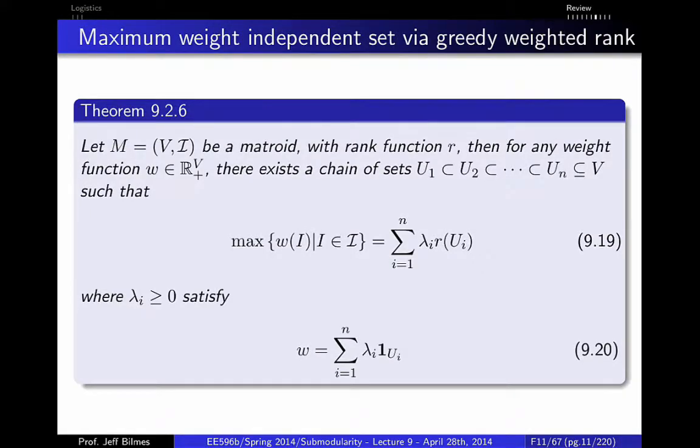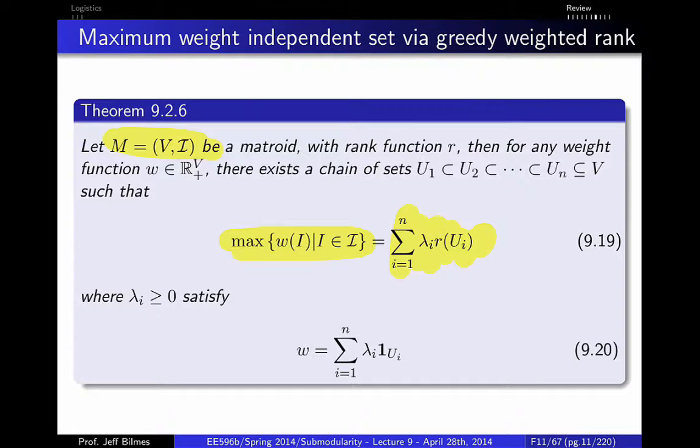The first thing we did was a really important theorem because it's going to generalize to general polymatroidal functions. When we want to construct the maximum weight independent set, which is solved exactly by a greedy algorithm when M is a matroid, that can be represented, fairly trivially, as a sum of weighted valuations.